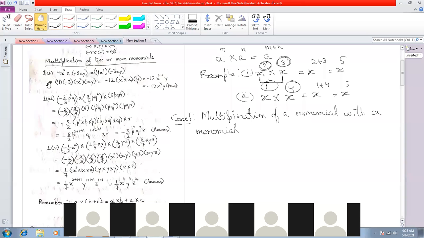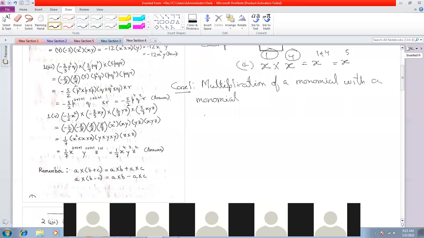Okay, let us discuss this with the help of an example. Suppose the question is: find the product of, number 1, 2x cube y cube and minus 3xy square.